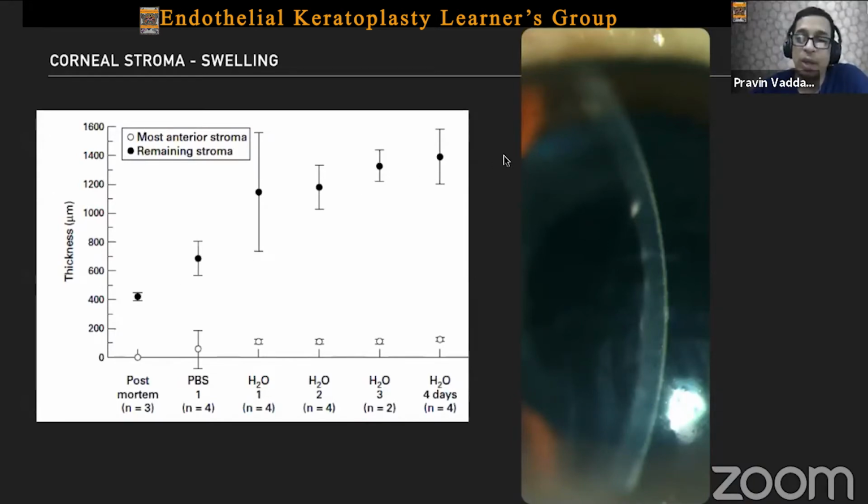So when you're looking at a patient who has corneal edema, the anterior 120 microns of the corneal stroma probably does not swell, and it's the rest of the corneal stroma that is contributing to the increase in the thickness of the cornea as you're evaluating that patient.